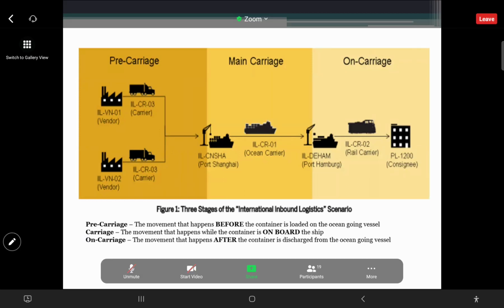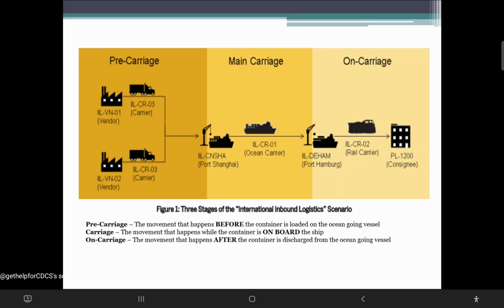From the beneficiary's place to the applicant's place, the movement takes place, right? That movement is divided into 3 parts: pre-carriage, main carriage, and on-carriage. From the place of the beneficiary until the port of loading, until the goods are loaded onto the ocean going vessel, whatever transportation takes place is called pre-carriage.